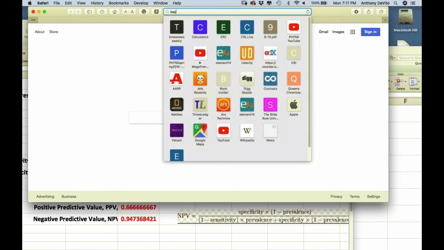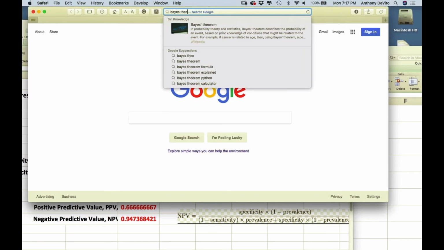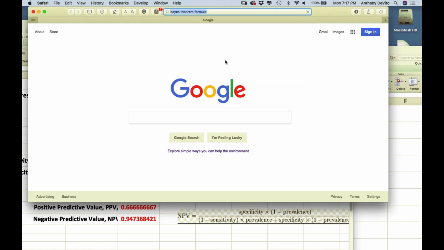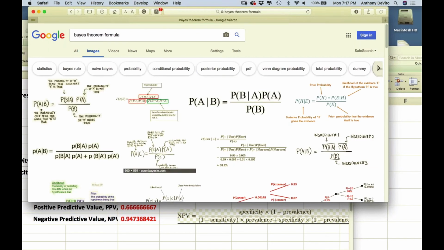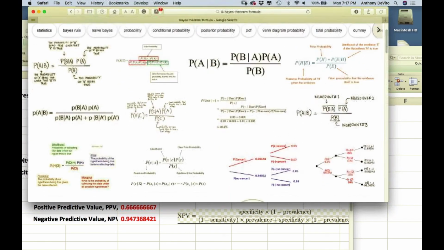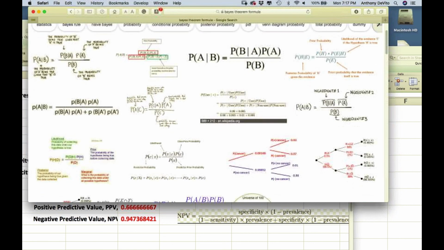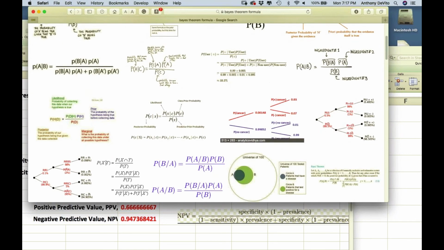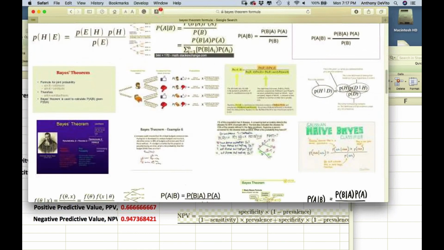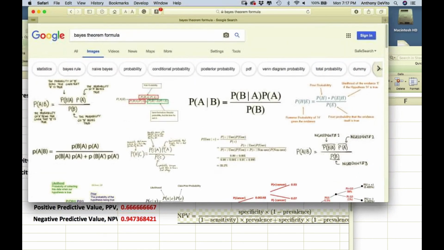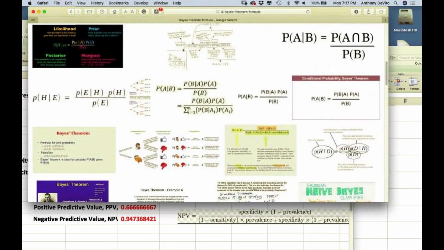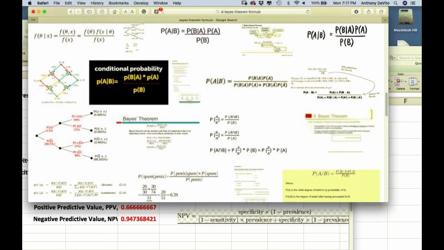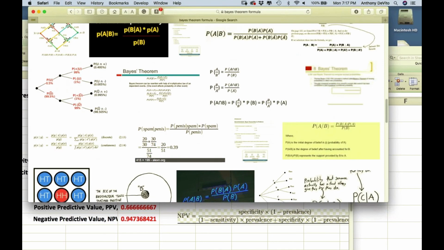Oh, beach ball. Where's a good version of this? I want the Bayes theorem. Come on, I know I have it here somewhere.